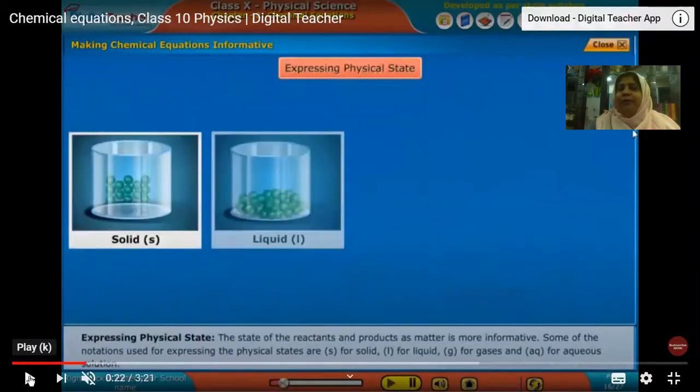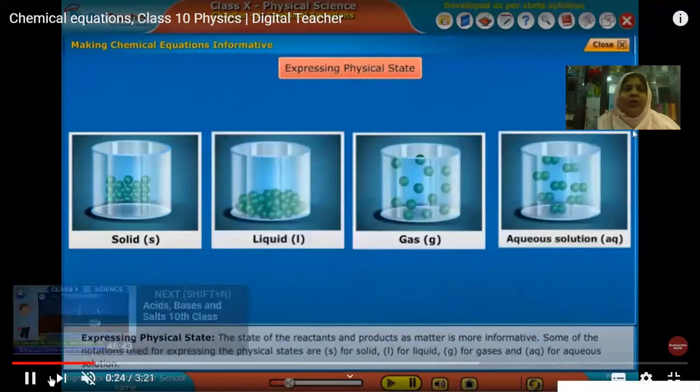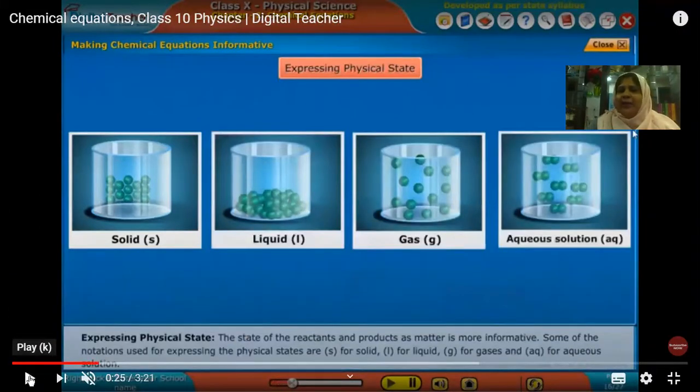As you already learned in your lower classes, matter exists in three forms: solid, liquid, and gaseous. And then we have one more form called aqueous solution. Aqua, a word in Latin, means water. So any solution that is made with water is called an aqueous solution.